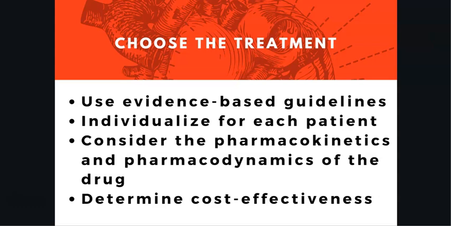Evidence-based. Don't go on social media. Don't take chat groups. Don't worry about what somebody else is doing. Know that you are prescribing using evidence-based guidelines. They're individualized for every patient. It's not cookie cutter. Consider the pharmacokinetics and pharmacodynamics of the drug and determine the cost effectiveness.